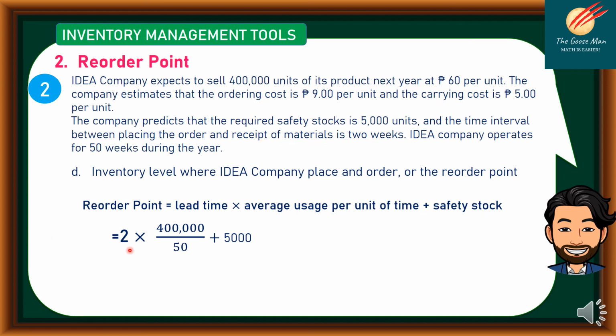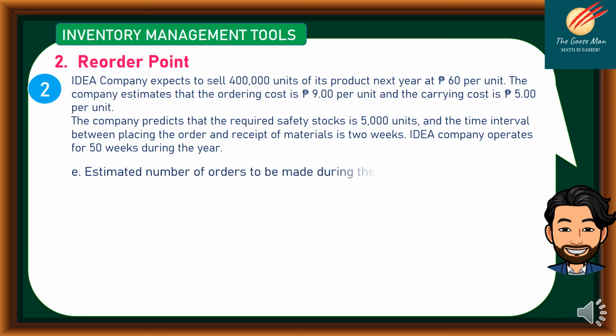And 400,000, that is our annual demand, divided by 50. 50 is actually the number of weeks that IDEA company operates in a year, plus 5,000. 5,000 is the safety stock, in units. So if we use our calculator, the reorder point is equal to 21,000 units.